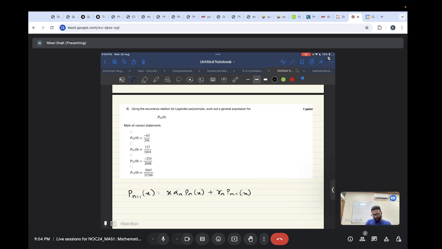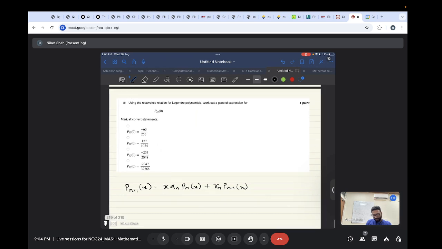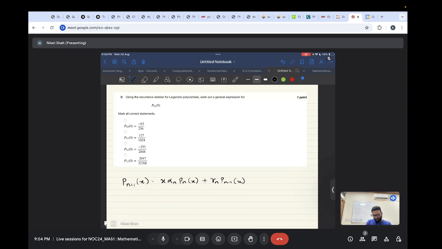Now what I want to do is, firstly, calculate P0 of x. P0 is just a constant term which is 1.